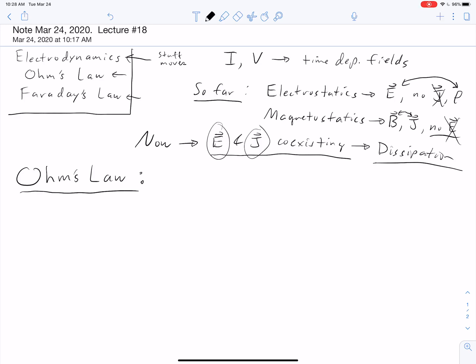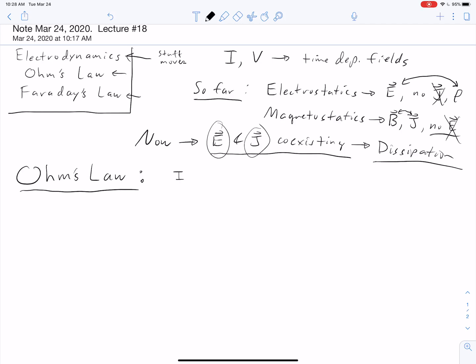Basically, the question I should ask is, if we have a conductor, and we have some current flowing through the conductor, then what is the electric field? That's basically the question.